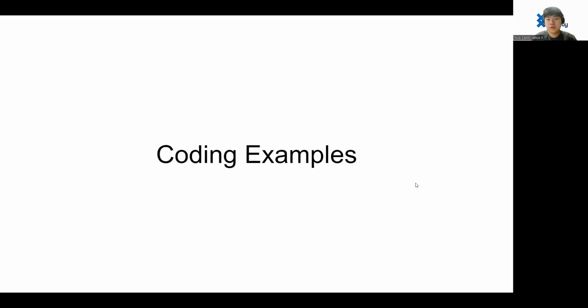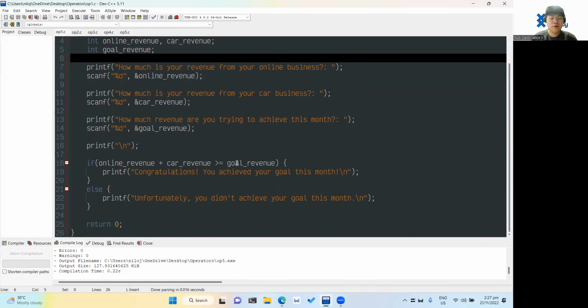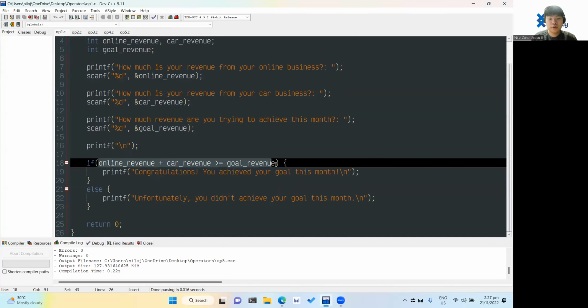Now we're going to go for the coding examples. Okay. So I have prepared five files here that involve some operators.